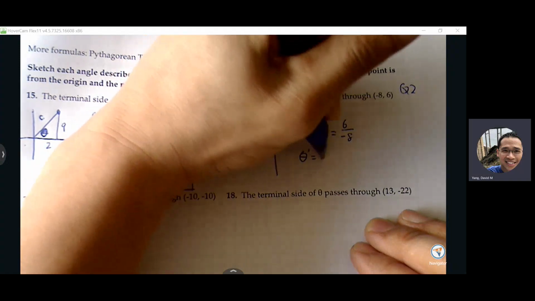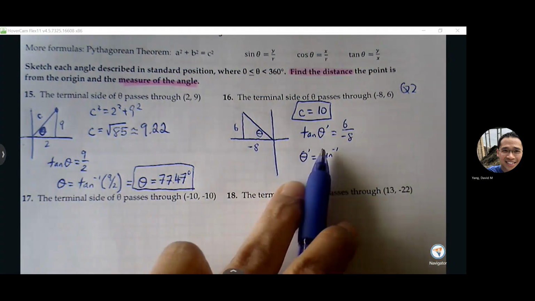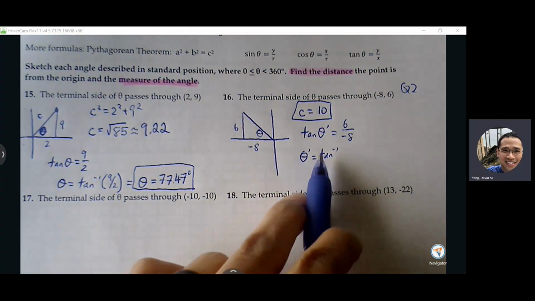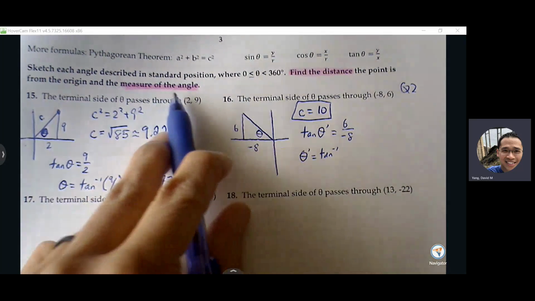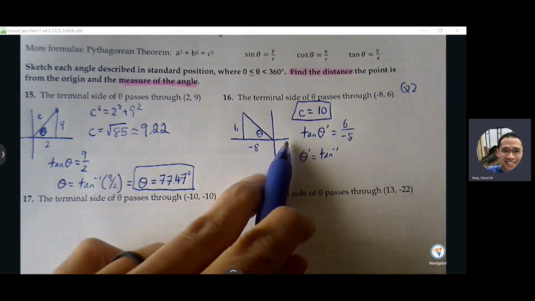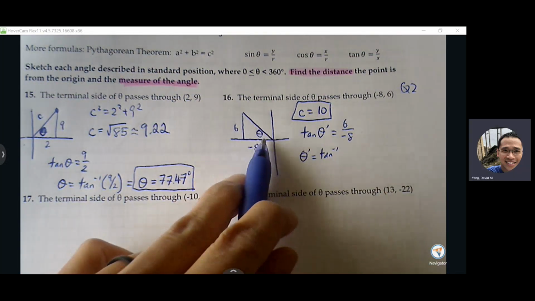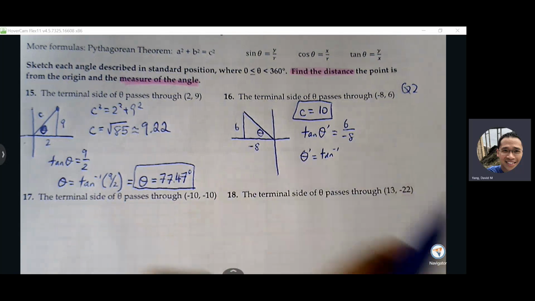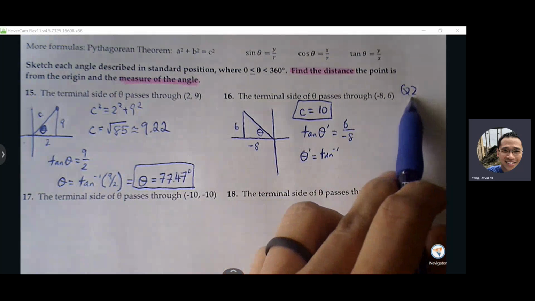Why theta prime? Because what we're going to find in the calculator is just going to be that theta inside the triangle, but it's asking for the measure of the angle, as if it were being counted from 0. So whatever your calculator is going to give you is a theta value that is between 0 and 90, but it's not a true second quadrant value.